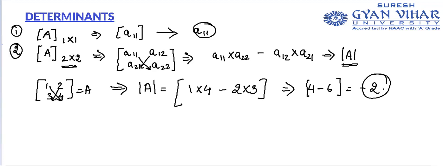Now let us understand the determinant of a 3 cross 3 matrix, because we are going to find the determinant of square matrices. We can find the determinant only of square matrices. Now for 3 cross 3, how will we do it? Let the matrix be A. How do we represent 3 cross 3?